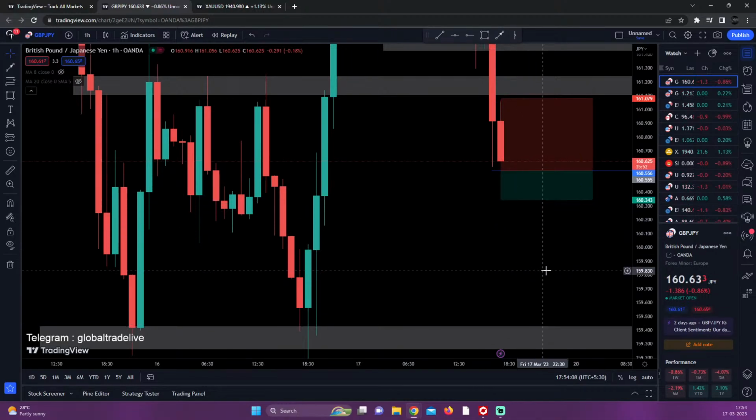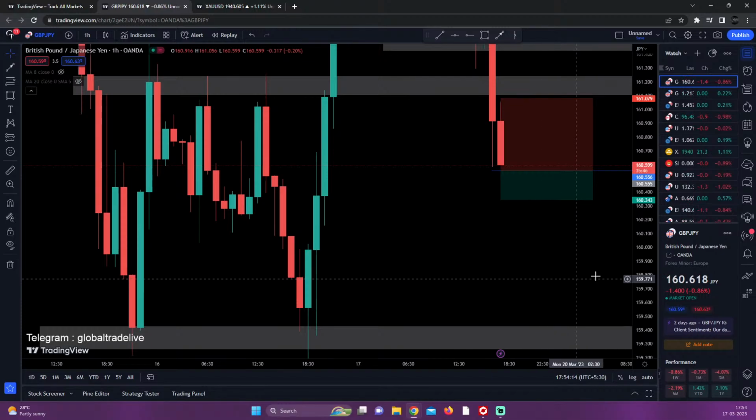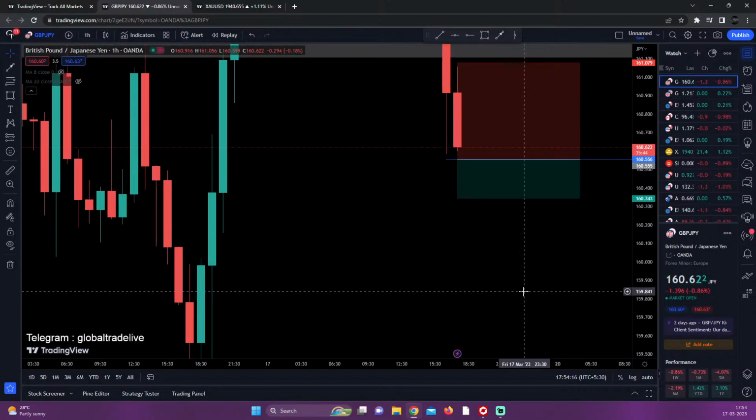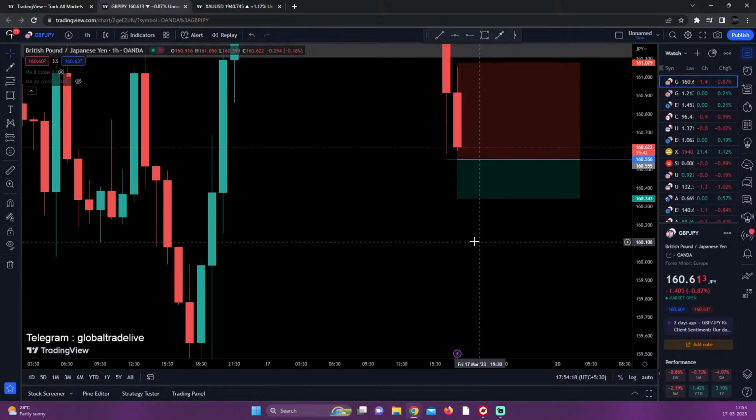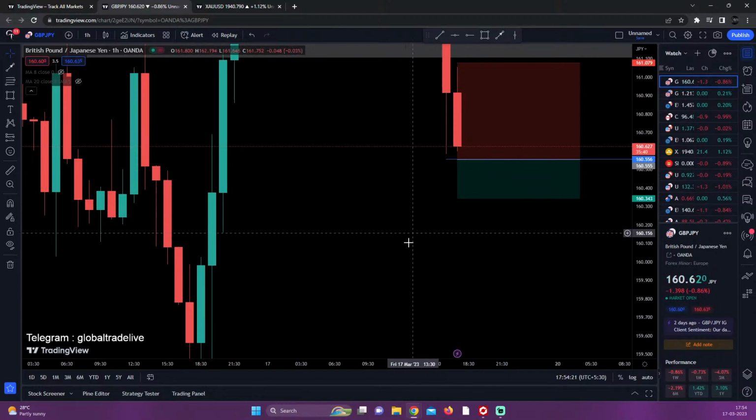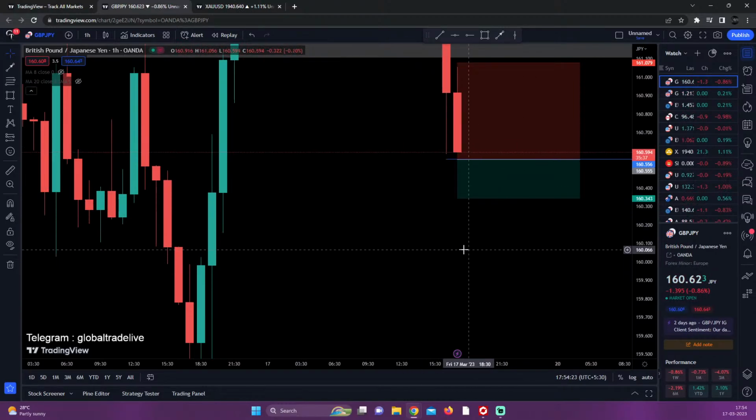Yeah, so now let's see how this candle will be moving, because anything can happen, guys. In this kind of situation, anything can happen.